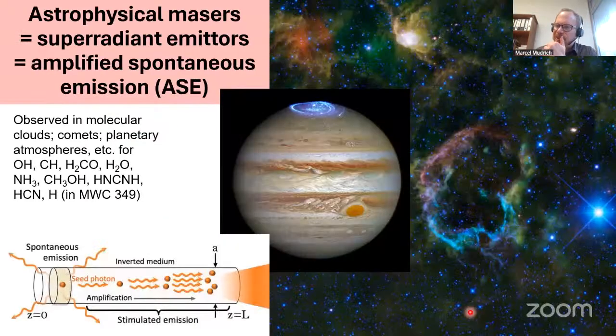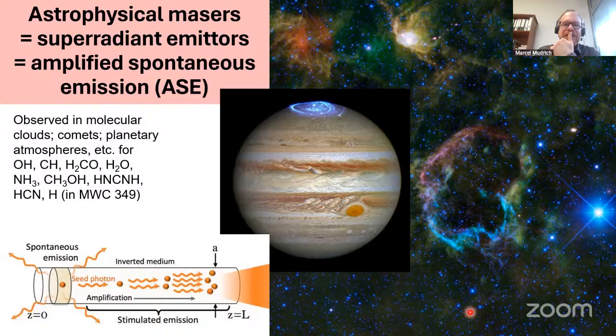This self-amplification of spontaneous emission is very similar to what we had talked about in the very first lecture, like amplified spontaneous emission that even happens in natural systems, like in molecular clouds or in atmospheres of planets, where molecules can be in excited, mainly hyperfine and spin states, very long-lived molecular states.